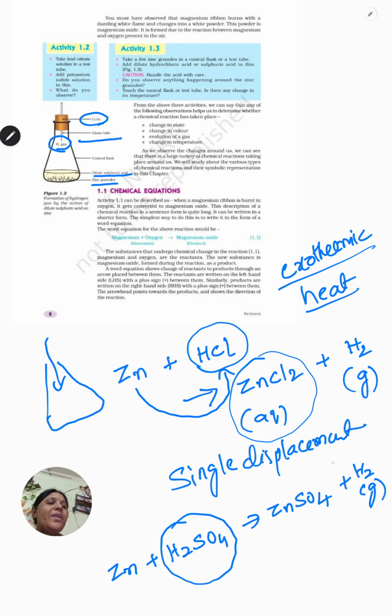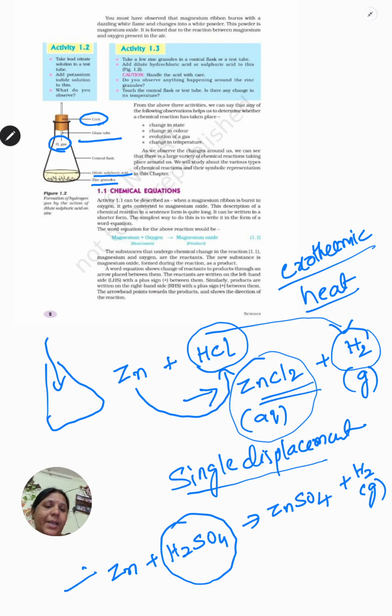Finally, this is known as a single displacement reaction. Here, in the single displacement, zinc is replacing hydrogen from chloride, and hydrogen is getting separated and released as gas, you can observe, right? And zinc chloride is getting formed here.